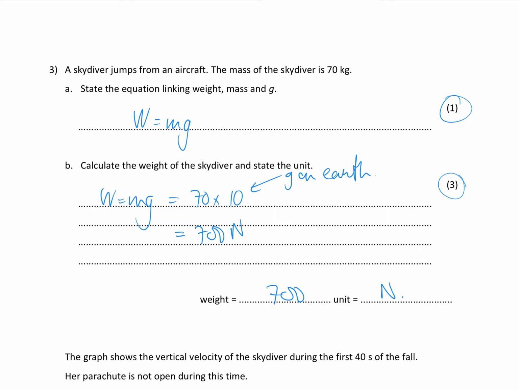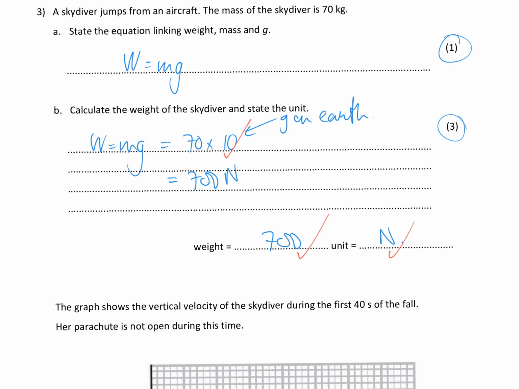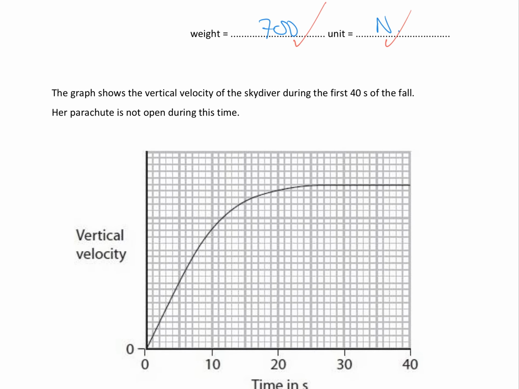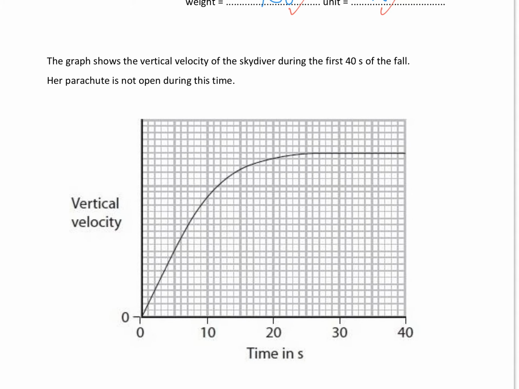So a tick for knowing that, a tick for getting that, and a tick for getting that correct. Good. The graph now shows the vertical velocity over the first 40 seconds. The parachute is not open during this time, so this is free fall, reaching a terminal velocity.